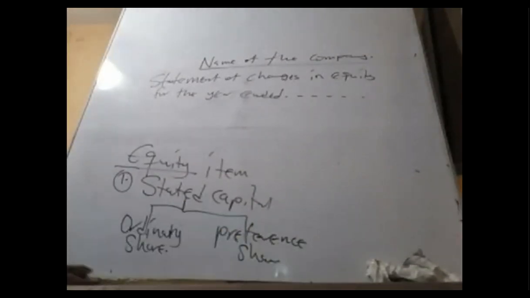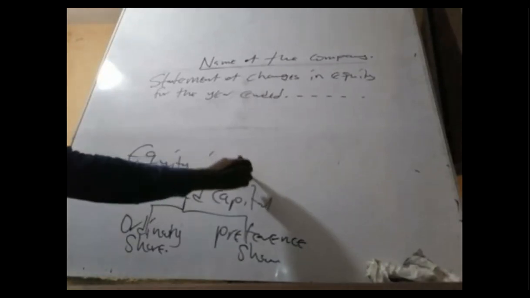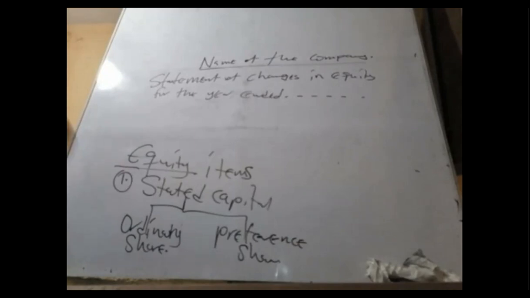These are the stated capital. So the first one is stated capital, which is made up of ordinary shares and then the preference shares. Let's move on with the next item.